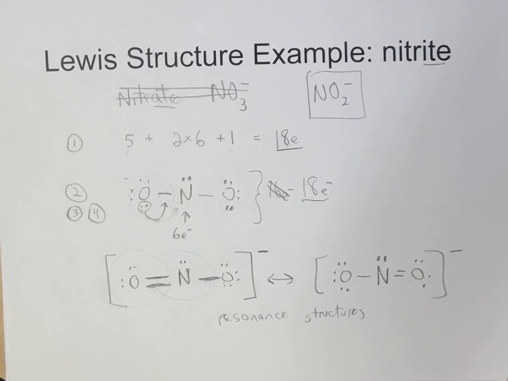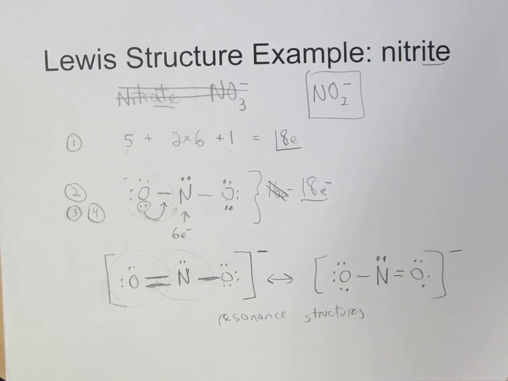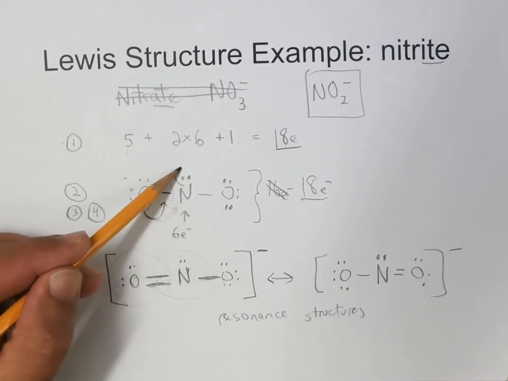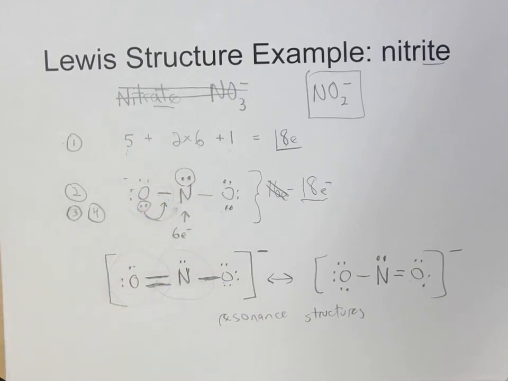So here's an example, nitrite, where I had to employ all 5 steps. The right number of valence electrons, connecting the atoms with single bonds, filling the octets of the non-central atoms, putting any leftover electrons that I didn't put in the picture yet on the central atom, and then when the central atom had less than 8 electrons, I had to share some electrons from a non-central atom.